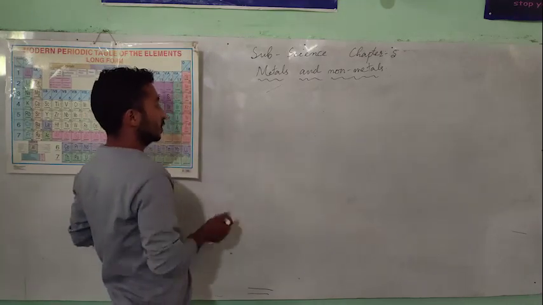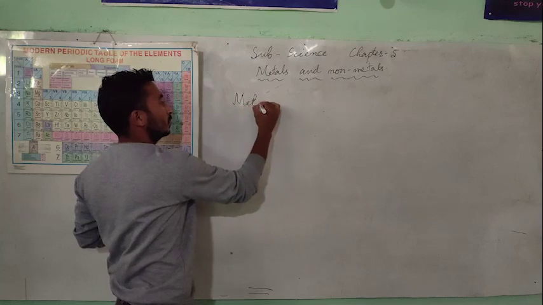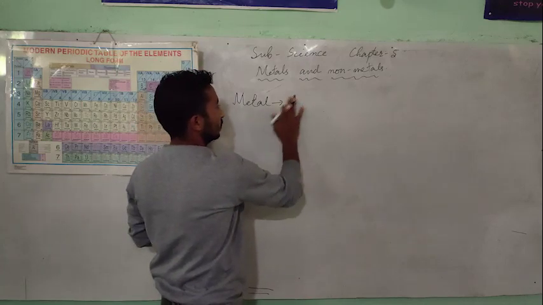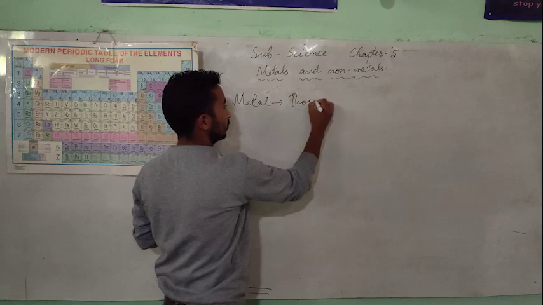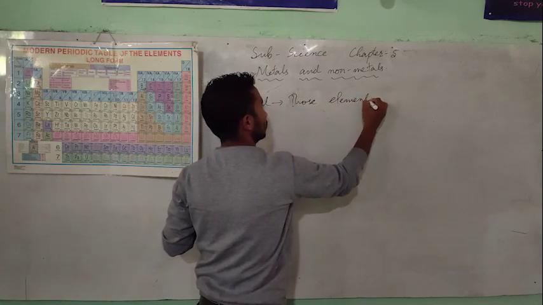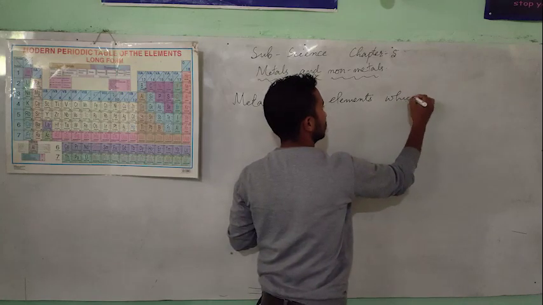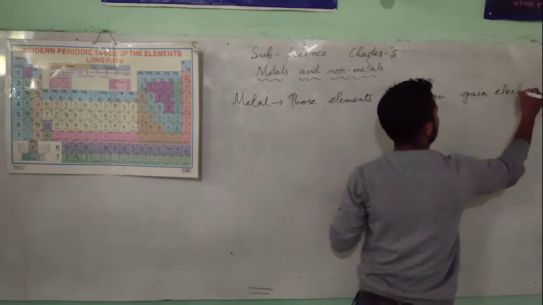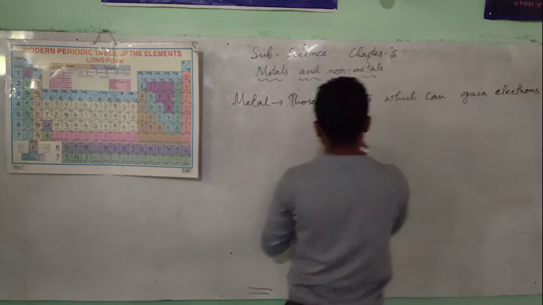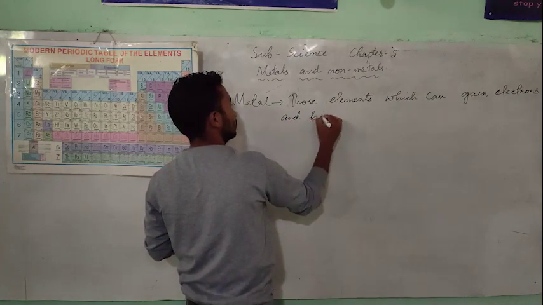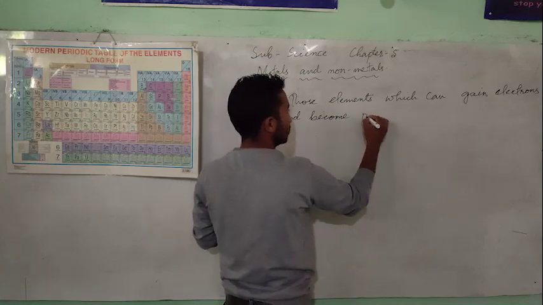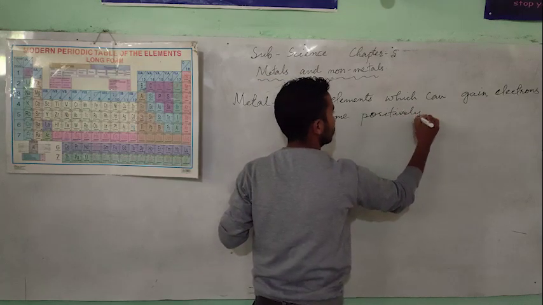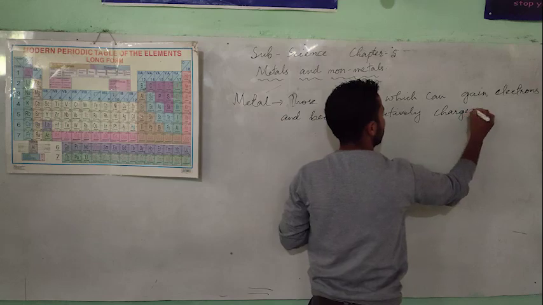First of all, in chapter number 1 we have defined metal, and we have defined metal as those elements which can lose electrons and become positively charged ions.